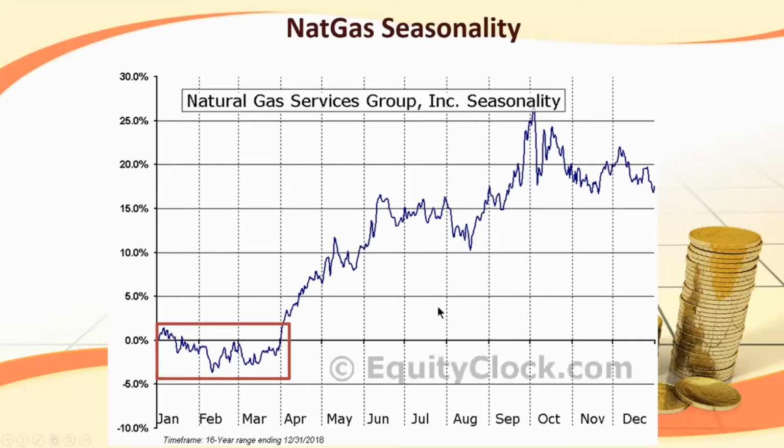What will we be trading in this? Well, there's some really cool ETFs. UNG is one of the ETFs. There is also a leveraged ETF called UGAZ, U-G-A-Z, that's to the upside.